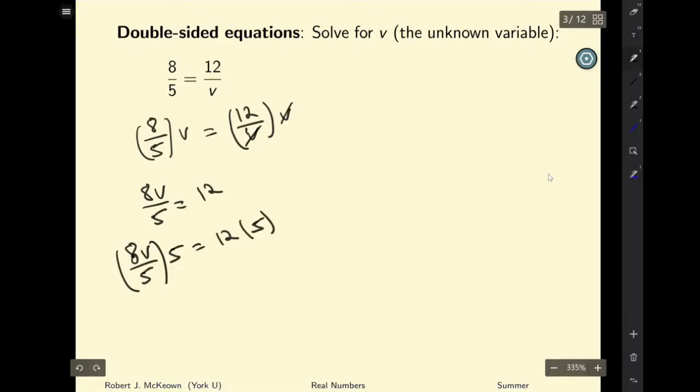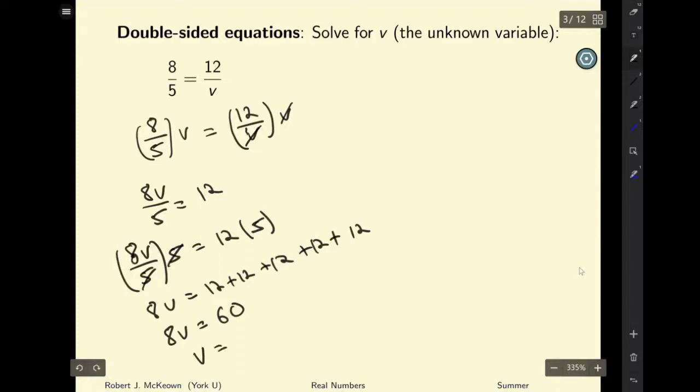So I'm following the algebra rules. You can see that these 5s are just going to cancel each other out. And I'm going to have 8v is equal to 12 times 5. Well, that's like 12 plus 12 plus 12 plus 12 plus 12. And so I've got 8v is equal to 60.